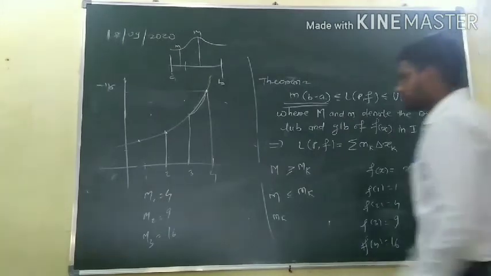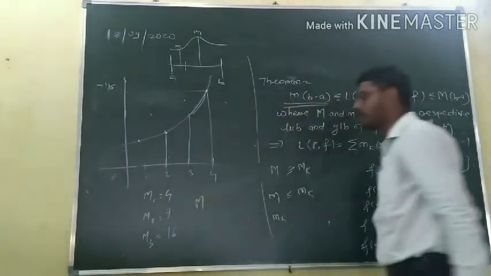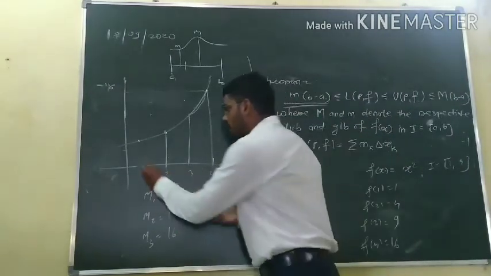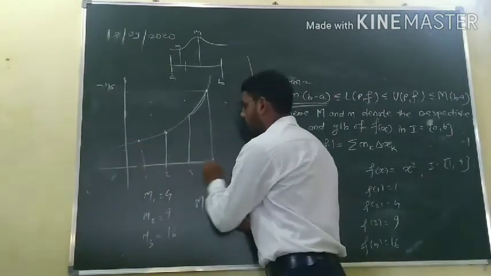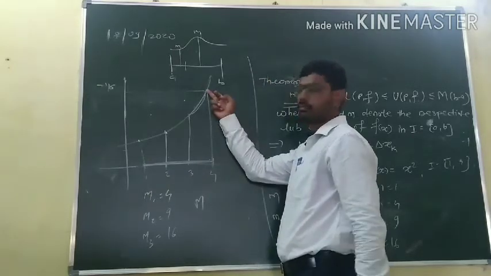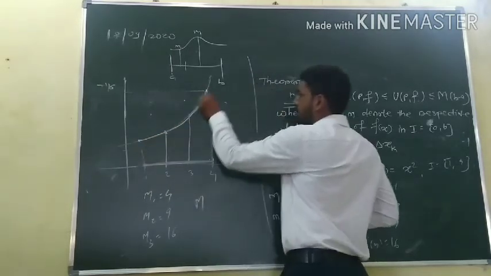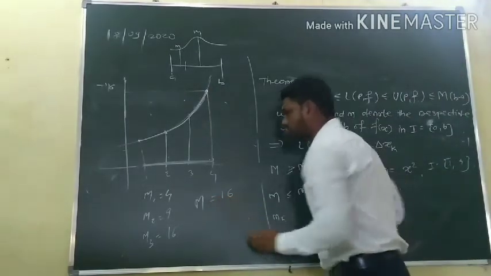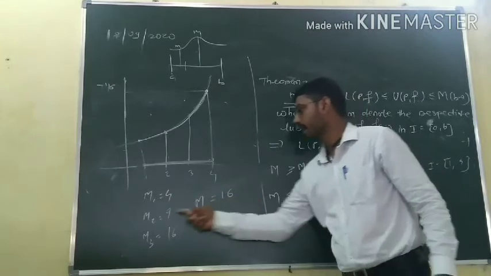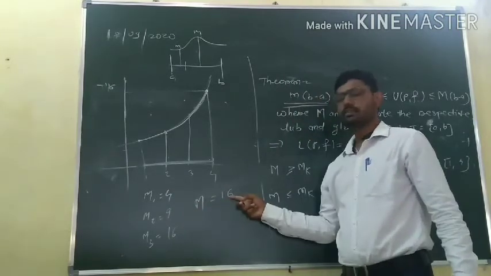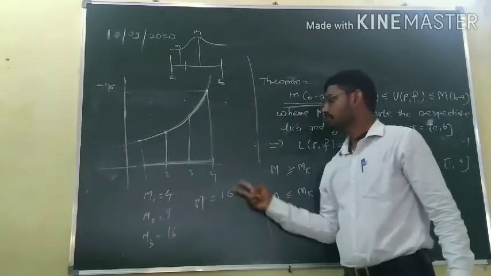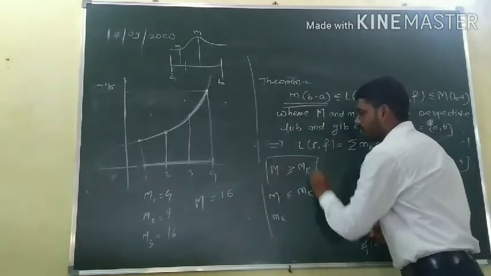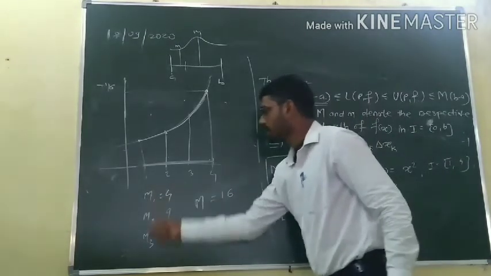Now, what is the value of M, the maximum value of the function in the whole interval 1 to 4? This function is increasing, so this is the maximum value, and M becomes 16. So you see, 4 is less than or equal to 16, 9 is less than 16, and 16 is equal to 16. These two values are strictly less than M, and this is equal to M. So maximum value is always greater than or equal to every Mk.